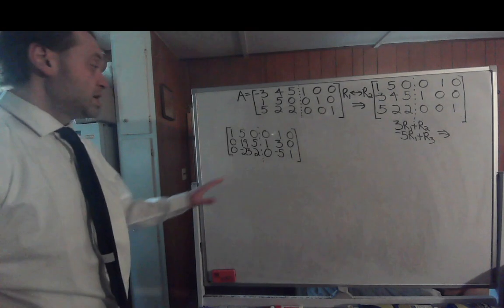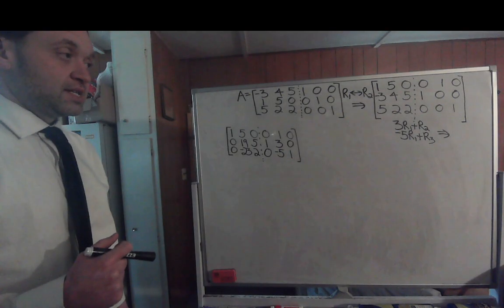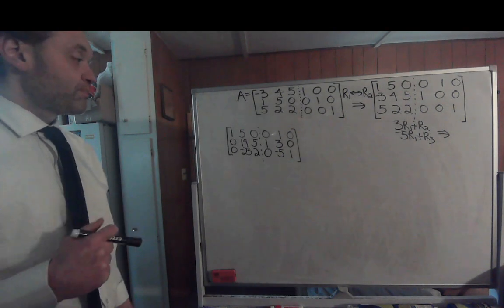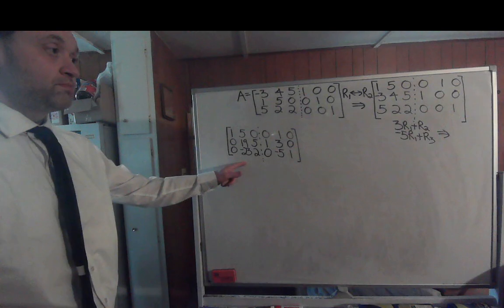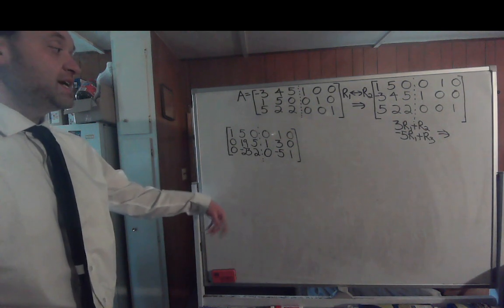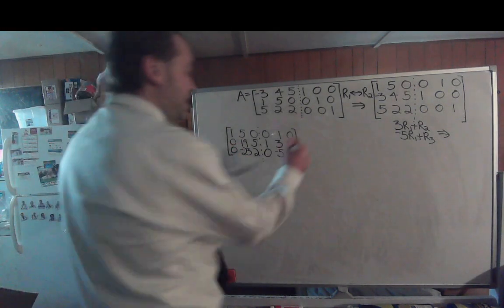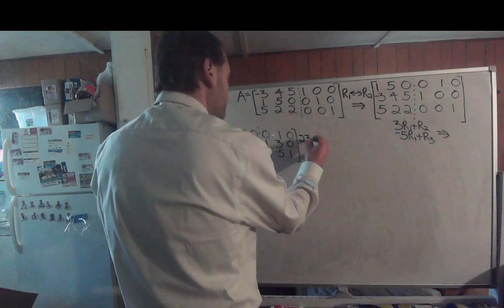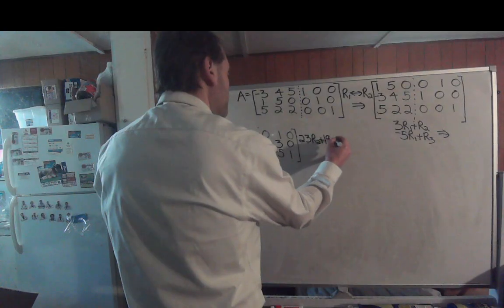Now, the very next thing I'm actually going to suggest is that we make the second digit in row 3 also a 0. So if I take 23 times row 2 and add that to 19 times row 3, I should be able to make that happen.